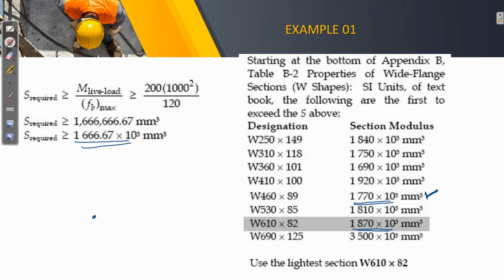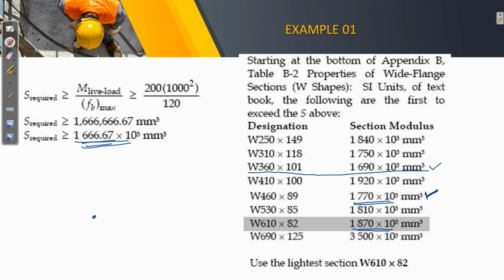Okay, so of course, first thing to do is to look at those sections that is greater than this one. Okay, so first you might want to select this one because this is slightly greater than that.